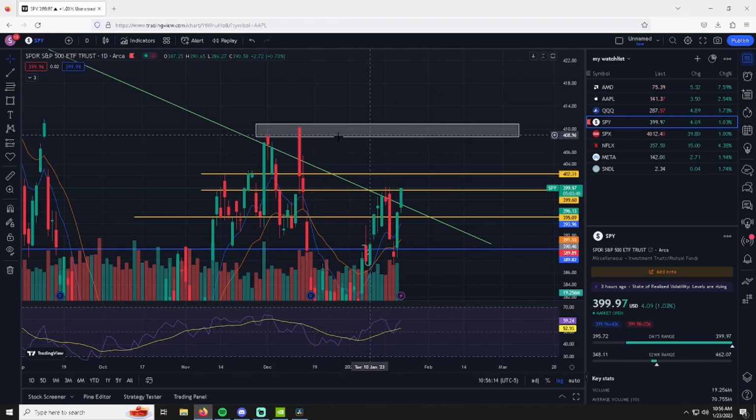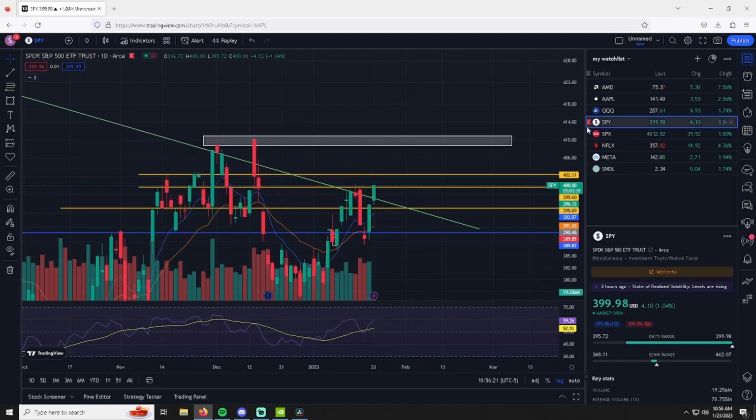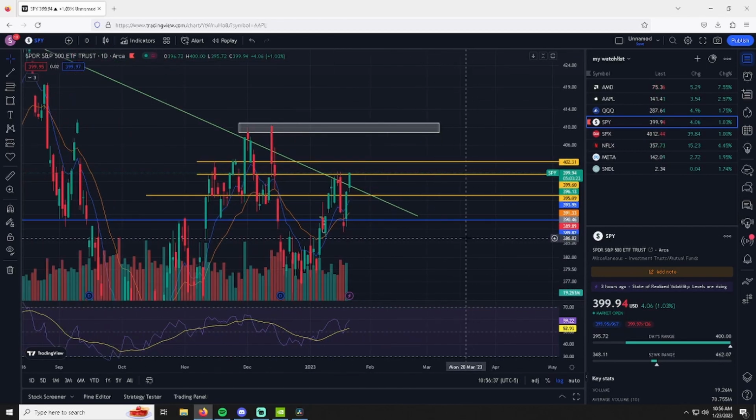So we could see a bull run to here, and then probably a huge sell back into the trend line. But right now, I'm going to be trading probably this 400 level to 402, and I would probably look to see a reversal there. I don't think we are out of this recession yet, and we probably won't see a reversal in the market for a while now.